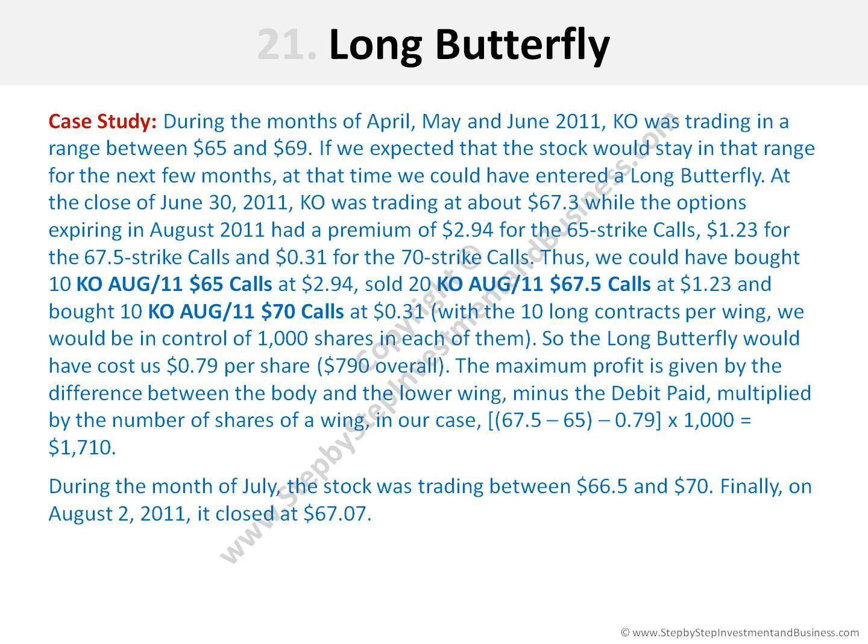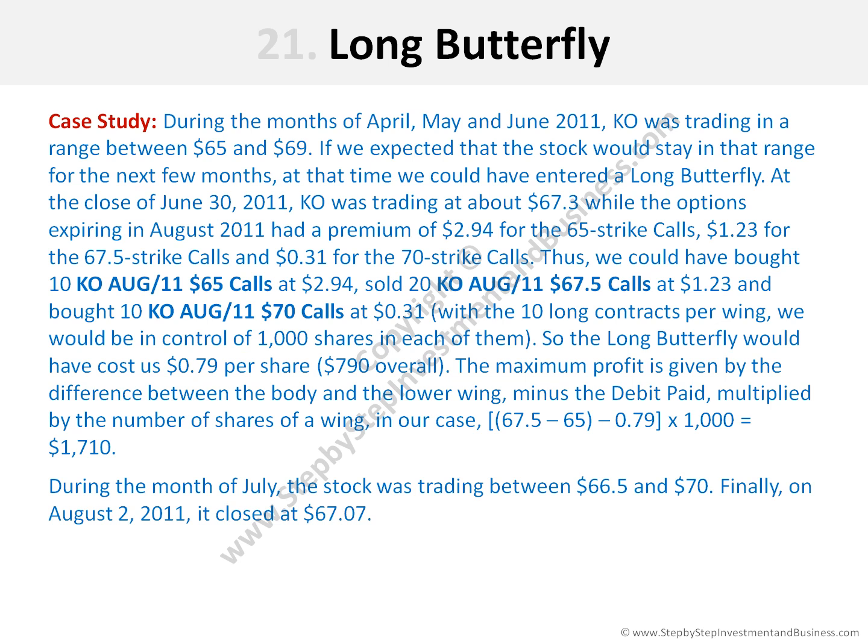Thus, we could have bought 10 calls with a strike price of $65 and expiration in August 2011 at $2.94, sold 20 calls with a strike price of $67.5 and same expiration at $1.23, and bought 10 calls with a strike price of $70 and same expiration at 31 cents.